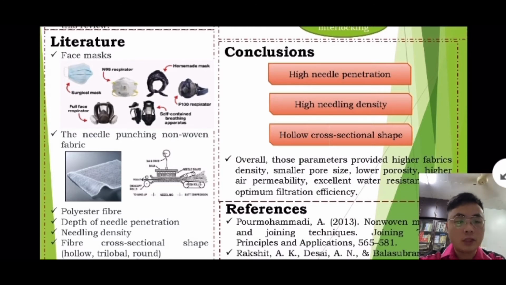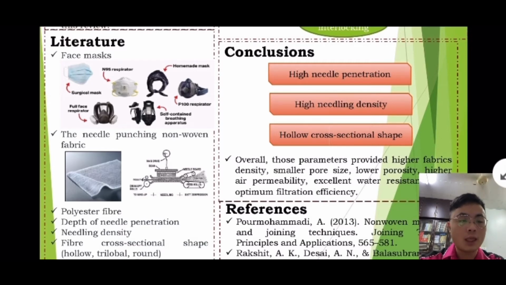Okay, so now we look at the needling density. Needling density is the punch number per square centimeter. The compactness of the fiber in the web is affected by needling density. Lastly, the cross-sectional shapes of fiber are trilobal, hollow, and round.